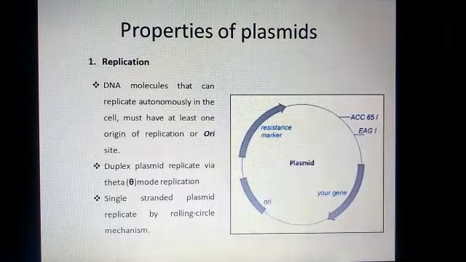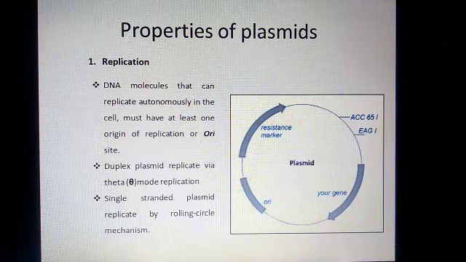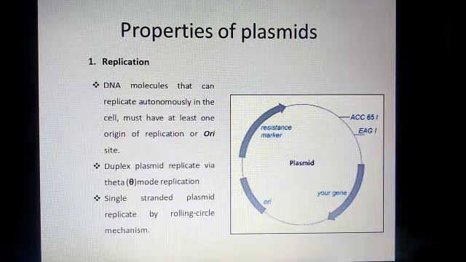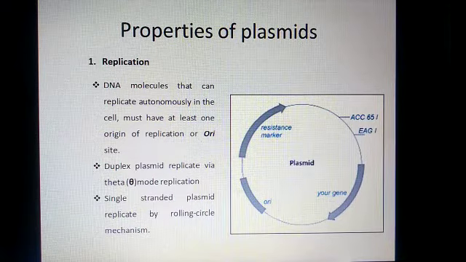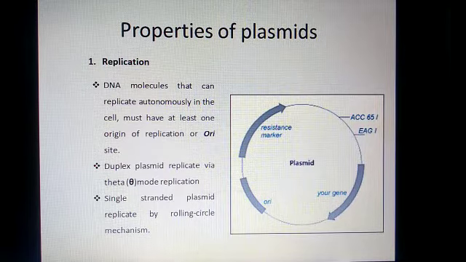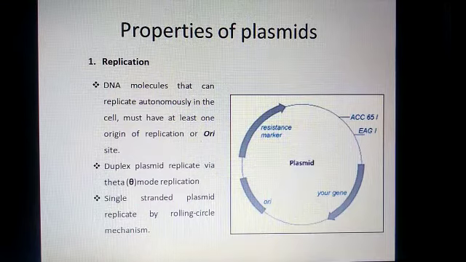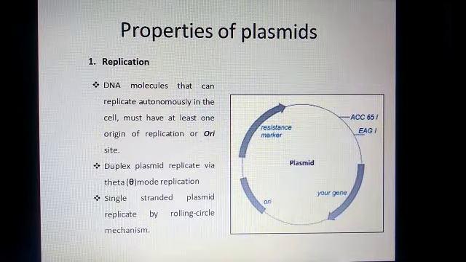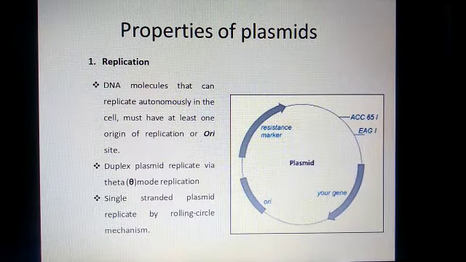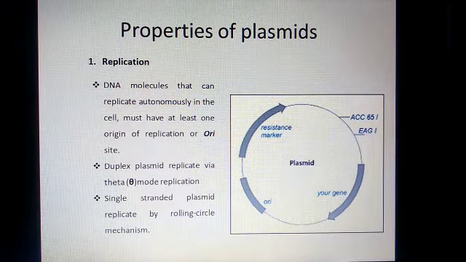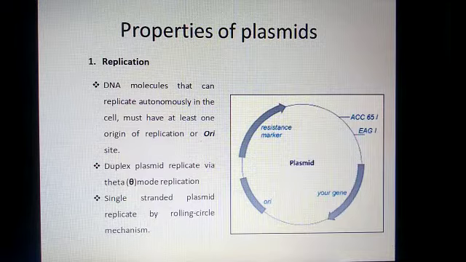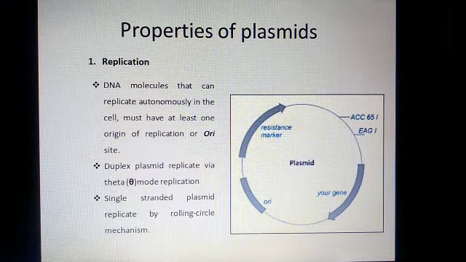Now we will discuss some properties of plasmids. To exist free of the chromosome, plasmids must have the ability to replicate independently. DNA molecules that can replicate autonomously in the cell are called replicons. Plasmids, phage DNA, and chromosomes are all replicons.